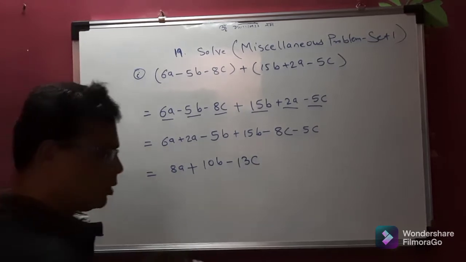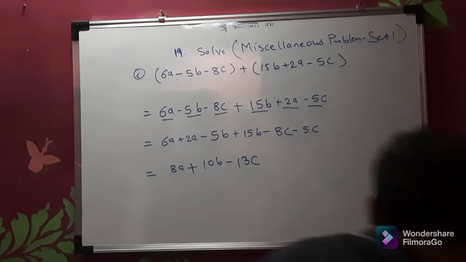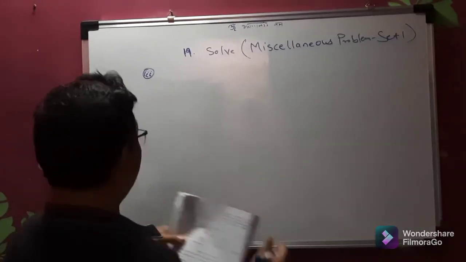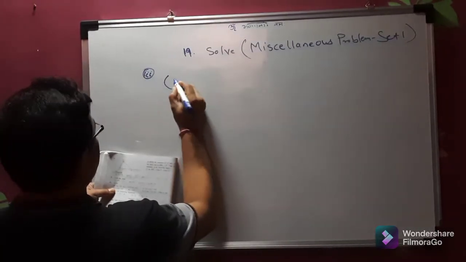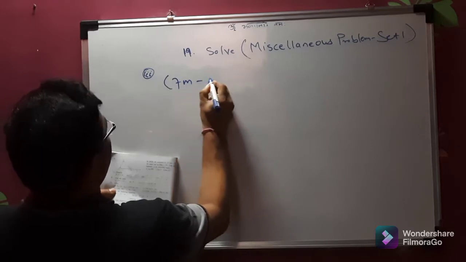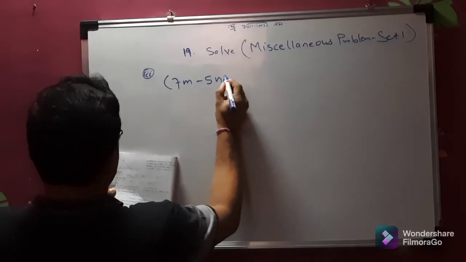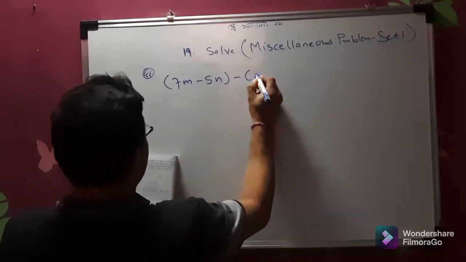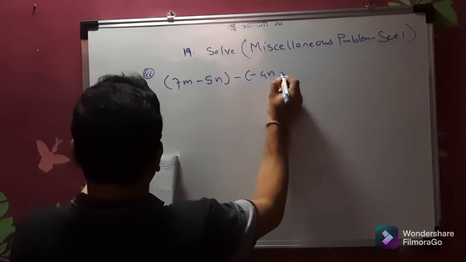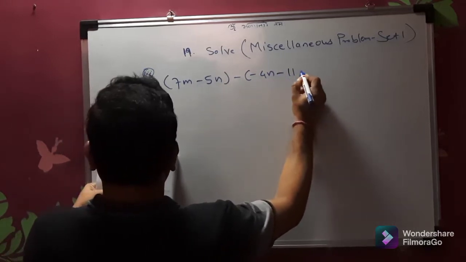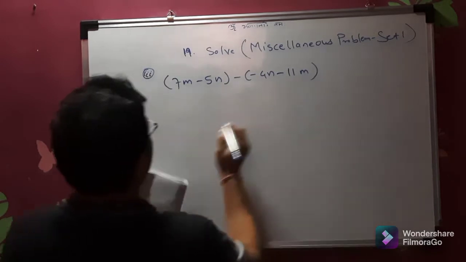Now we will solve problem number 3, that is 7m minus 5n minus 4n minus 11m.